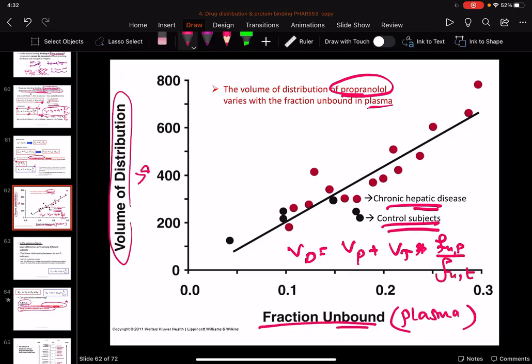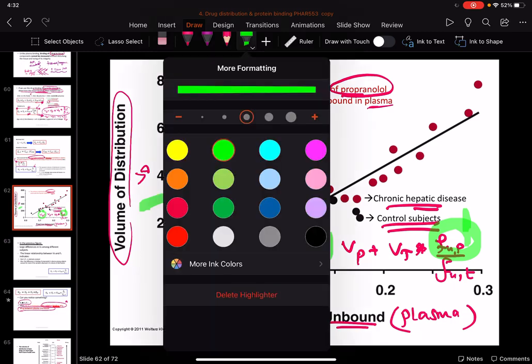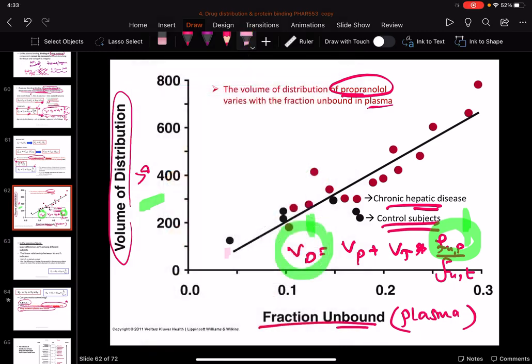right? So if I'm showing you this, which is your y-axis, volume of distribution, versus this, we can see that it's showing almost a linear profile, or directly proportional relationship, which gives you an idea that the effect of those other factors is constant, and the main factor affecting the whole thing is the fraction unbound in the plasma.